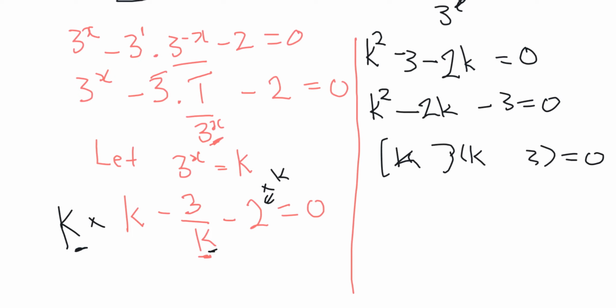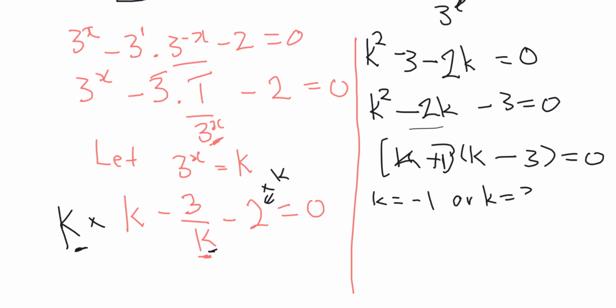Factors of 3 are 3 and 1, right? Remember, you're looking to have your negative 2k. So the bigger factor is going to take the sign of the middle term. This is going to be negative, and this is your positive. So k is equal to negative 1, or k is equal to 3.